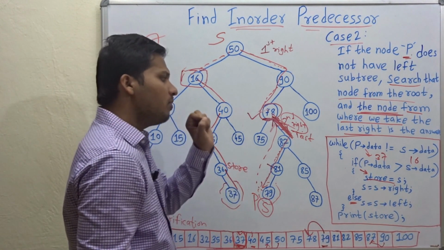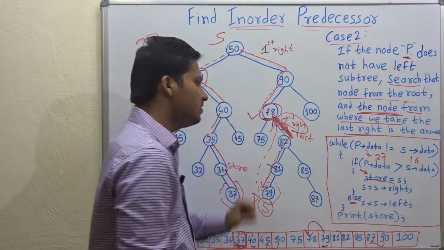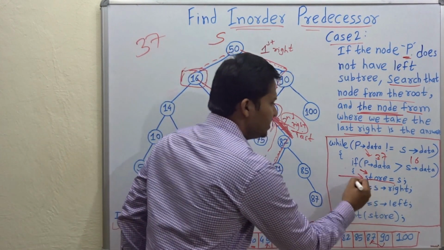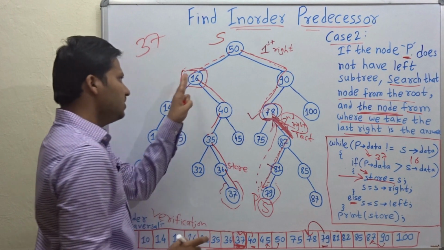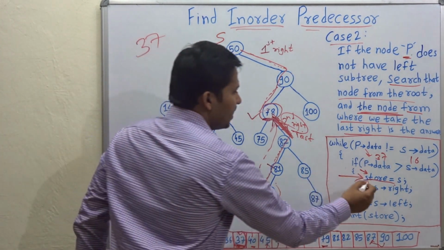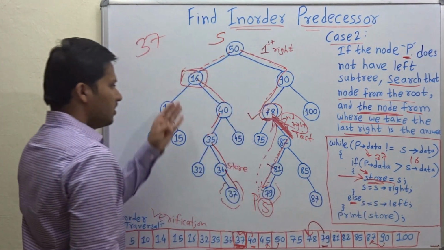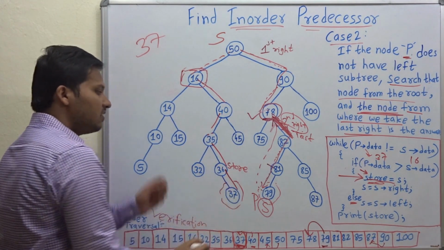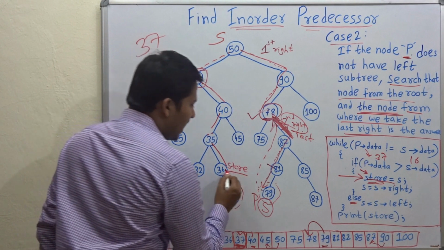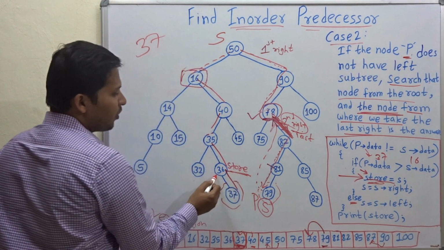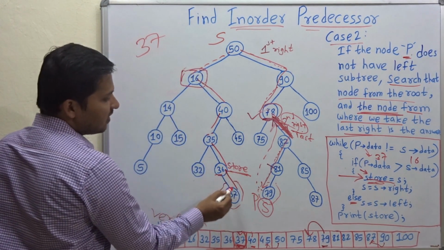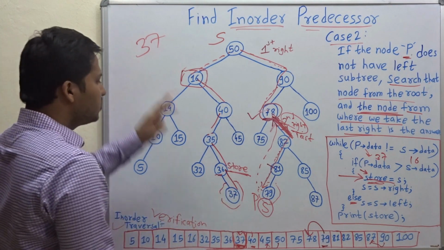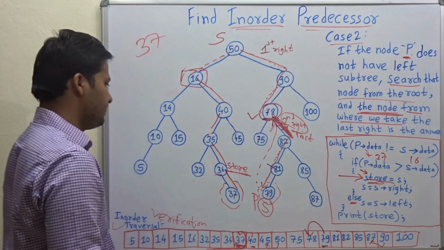See, for each right turn, from each node, we make our store pointer point to that node from where we take that right turn. So the last time the store pointer is pointing to 36, because that is the last right, and now 37 is equal to 37.